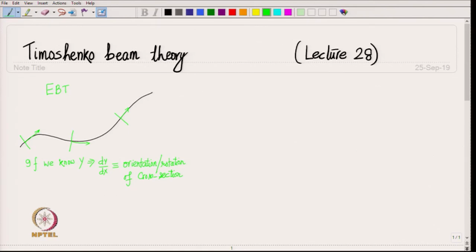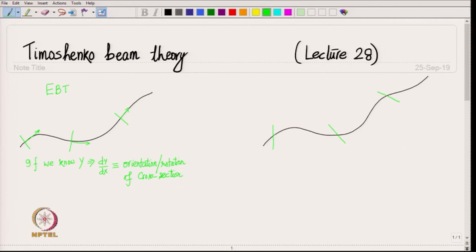But in the Timoshenko beam theory, we no more assume that; we assume that they are not aligned. So, in the Timoshenko beam theory, we again have the deformed center line, but the cross section can be something like this, or it could be something like this.